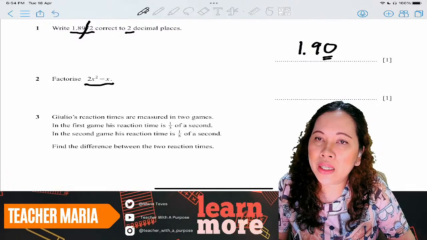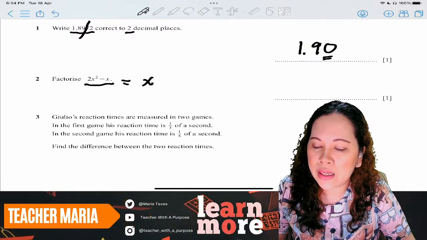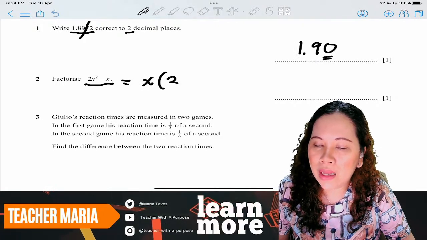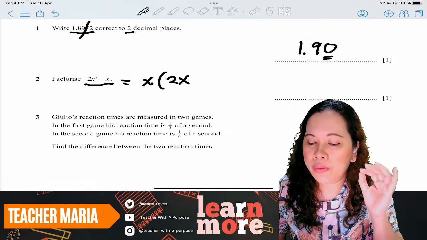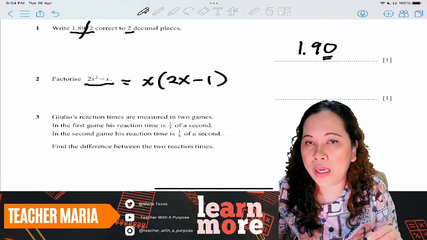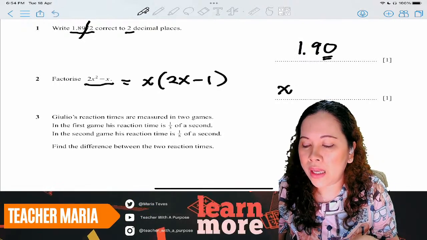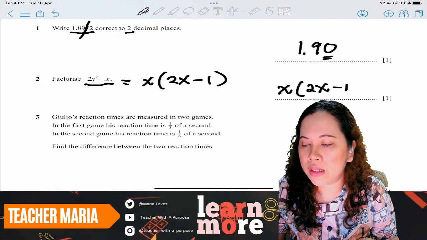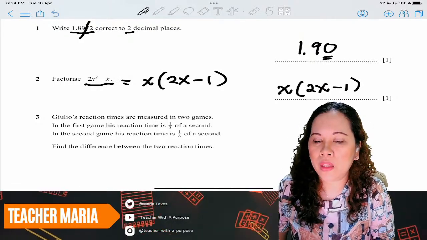So between x squared and x, x is the least exponent. So this will be equal to x times what will be left. With 2x squared, if you take out one of the x, it will be 2x. And of course, x will be 1. Hence, our final factor here will be x times 2x minus 1. So that will be your factor. All right.